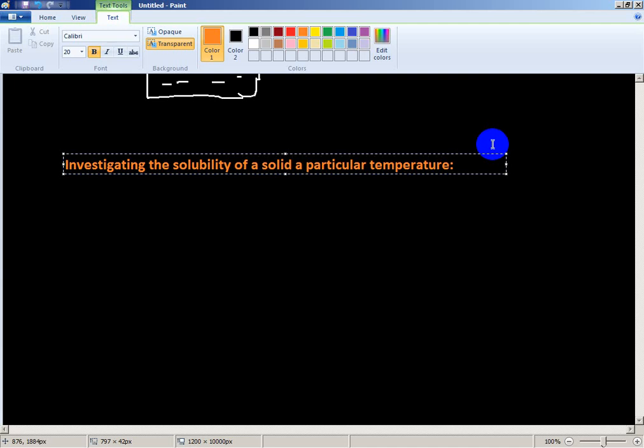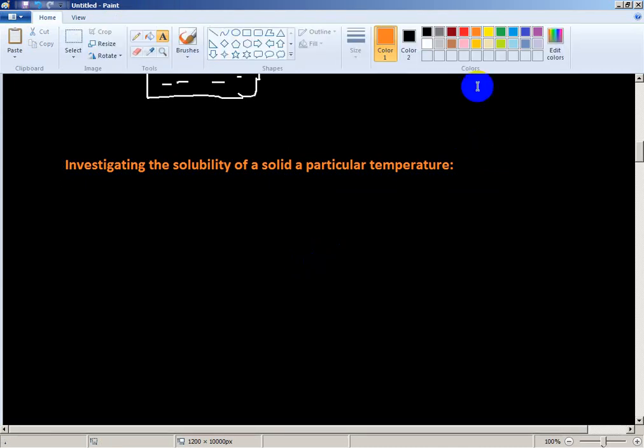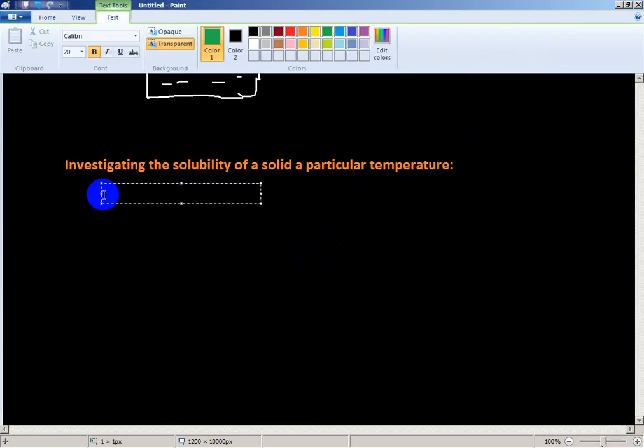And what is the solid name here? What is the temperature?